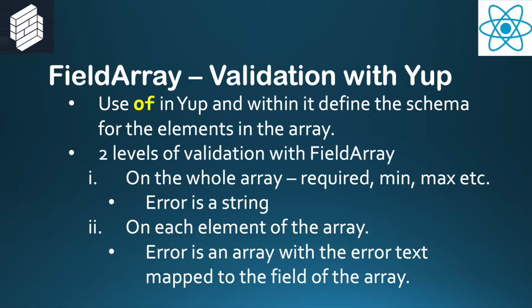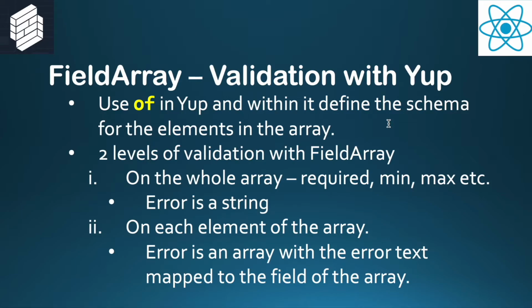Next, what we want to do is also do validation of the values that we are putting in FieldArray. In the earlier videos, we had used the validation of Formik and then the validation schema of Yup. So here we will use Yup, which is typically the standard way to do validation in the FieldArray. We will use array.of, which specifies the array of, in Yup, and within it define the schema for the elements in the array.